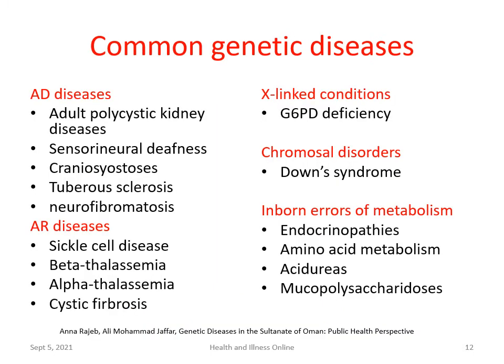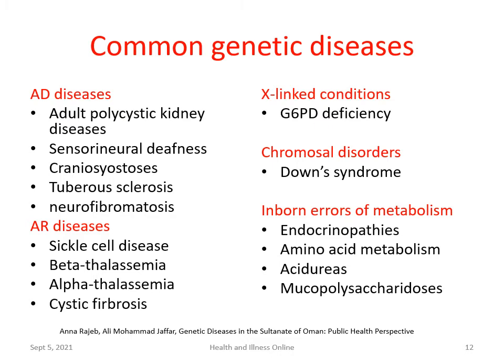The common genetic disorders as they occur in Oman, and this is from a particular source, Dr. Anna Rajab and Dr. Muhammad Ali Jafar, who published this some time back, and this is available on the internet as well. You can Google it, or you can go on PubMed and look for this reference yourself if you are interested. But the autosomal dominant diseases are listed over there.